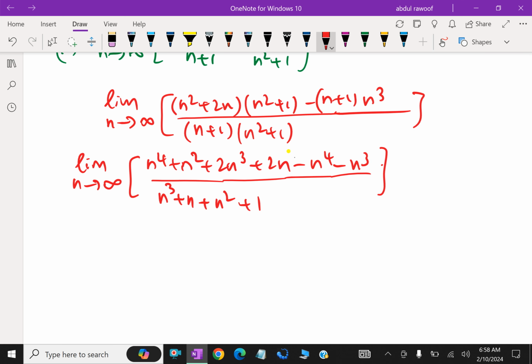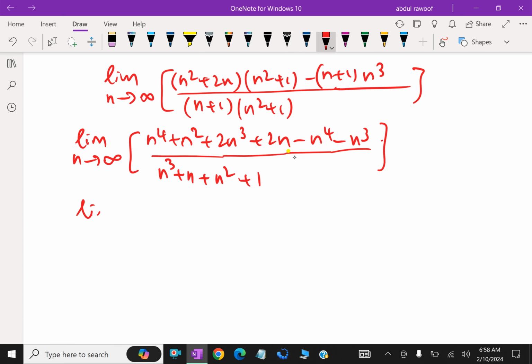Now simplify. n power 4 cancels. Then 2n cube plus n cube minus n cube is n cube only.